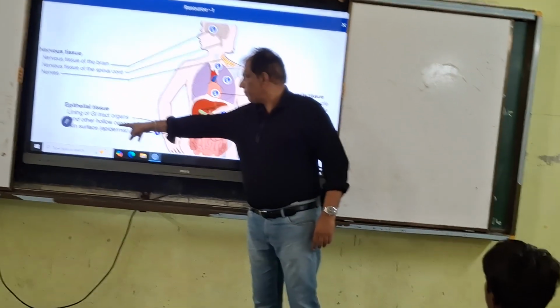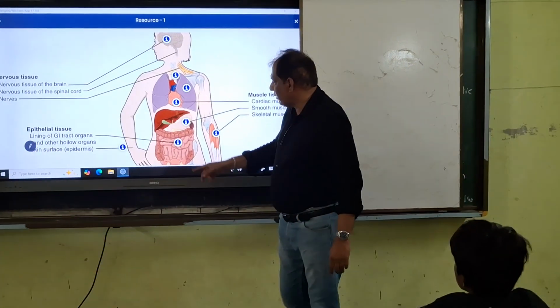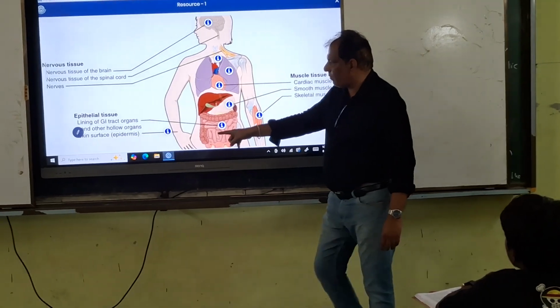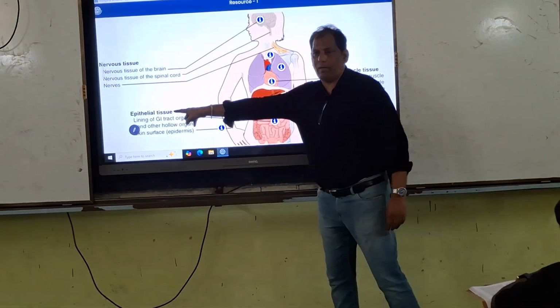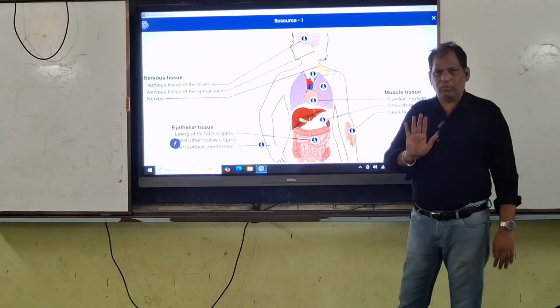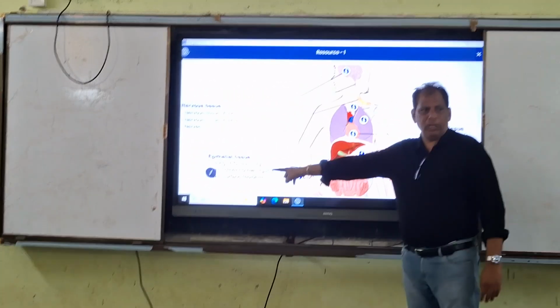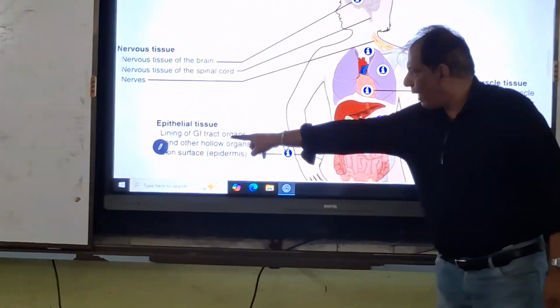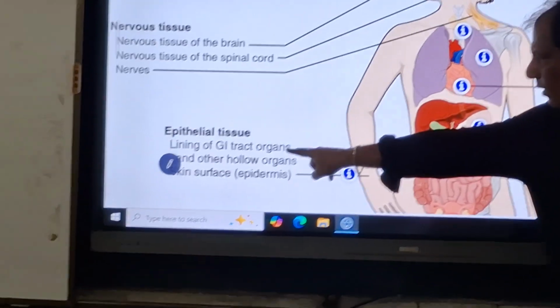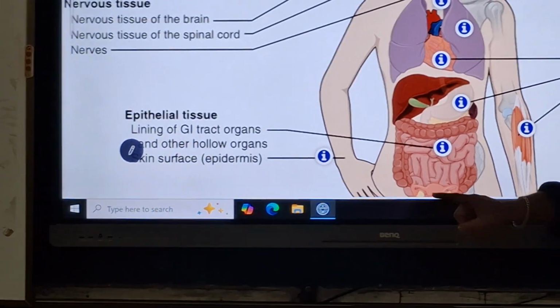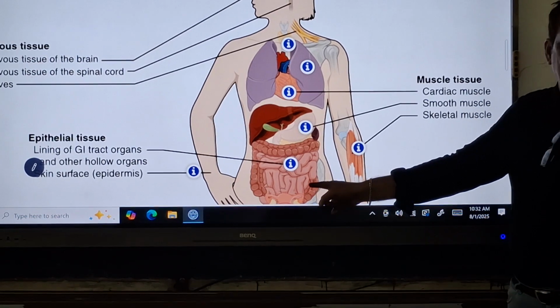Next, we take epithelial tissue. Let us see the location. We have already learned about the various kinds of epithelial tissues. The lining of the gastrointestinal tract organs is present in the intestinal region.